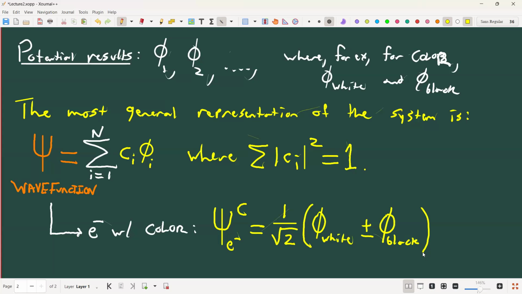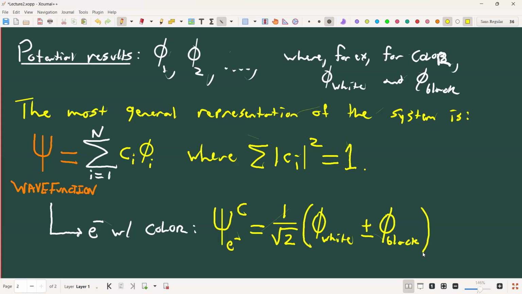All right. This is the most general, from our perspective, representation of our electron before it ever enters the box. The only way for all of this math to work is to assume that the functional form, or the representation or symbol of the electron, is that it's simultaneously white and black with equal weights. There's an equal amount of white character and an equal amount of black character. It's 1 over the square root of 2 on both.